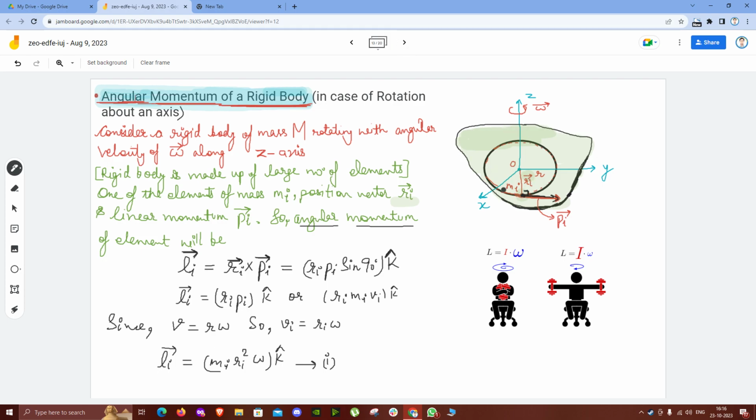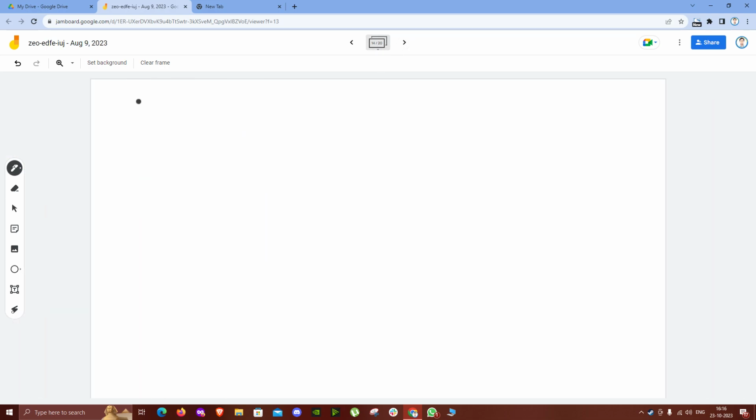Now what if we have to find the angular momentum of the whole rigid body? So simply, the total angular momentum of the rigid body can be found by summing up all the individual angular momenta of all the elements.